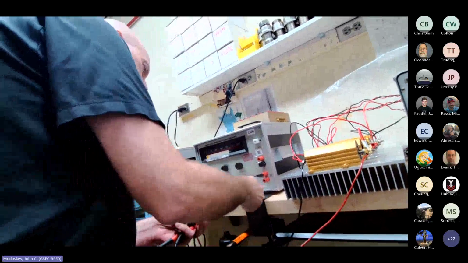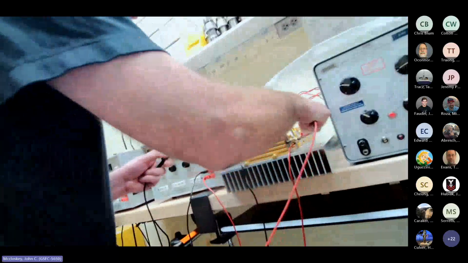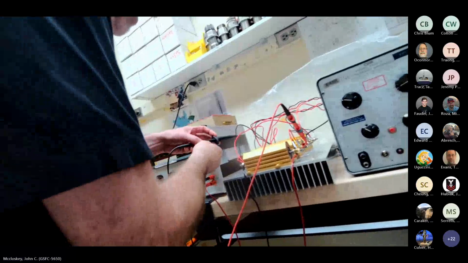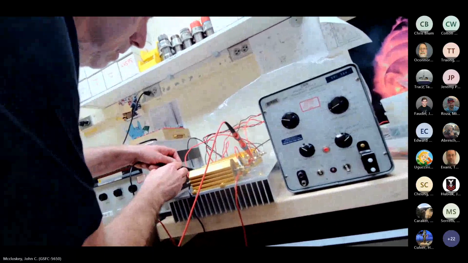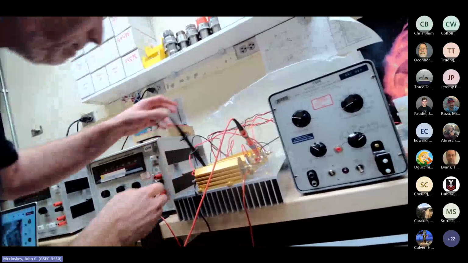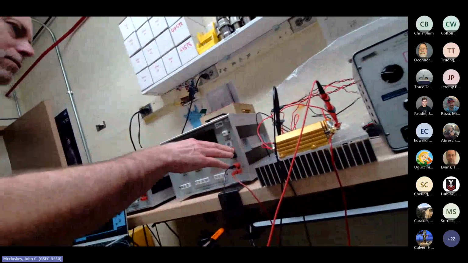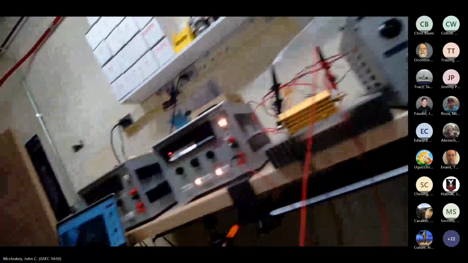And with the 150 nanosecond pulse, we're probably going to get some loss. So we might not quite get up to 30 volts without making an adjustment here. Okay, so we're hooked up across the resistor. Then turn this back on.